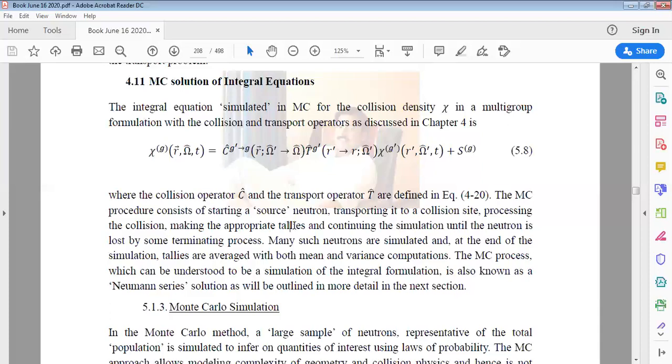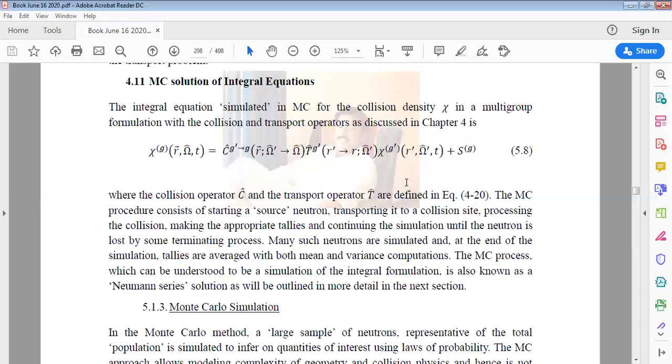How good or bad it is depends on how well the mean value depicts the mean of the population, as well as having a small variance. So you want a small variance and a good estimate of the tally. These are the two things we're going to study in the next lecture. So I'll stop here and leave you with this formulation.